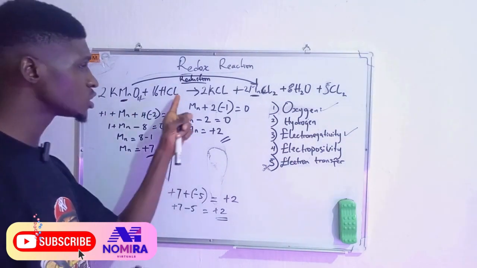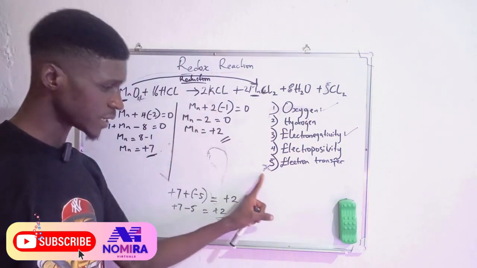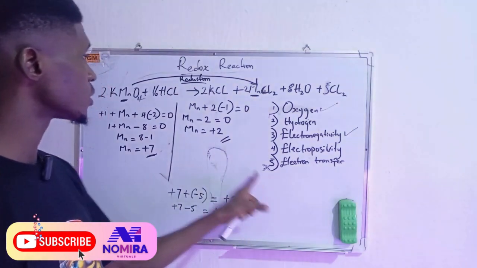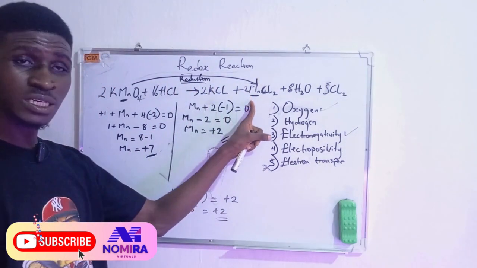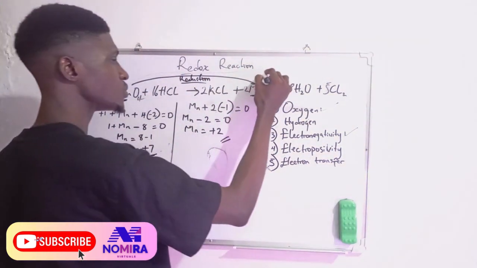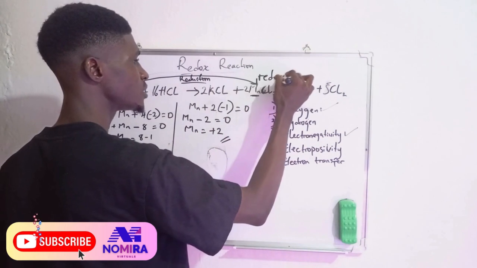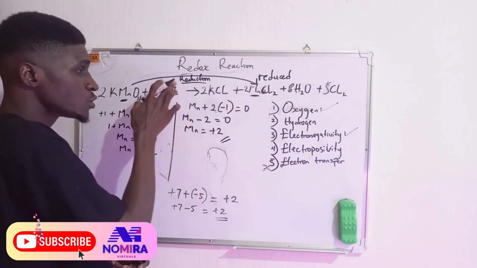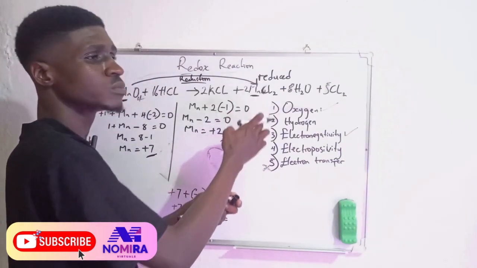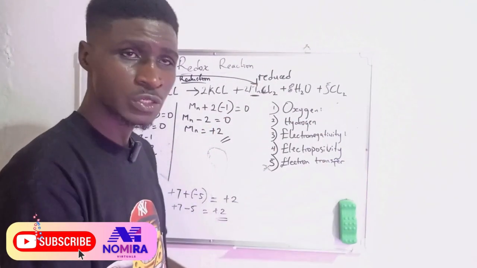So you need to know this logic, this particular criterion, before you will be able to answer this question correctly. So if this has been explained as reduction, it means that this is reduced. The process is reduction. The end product is the substance that is reduced.